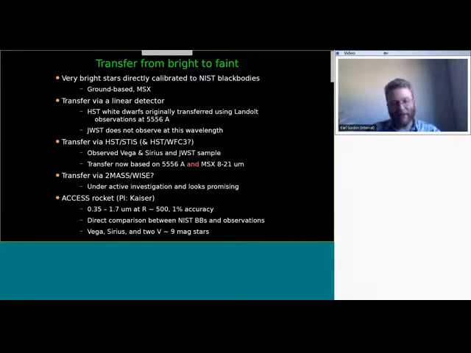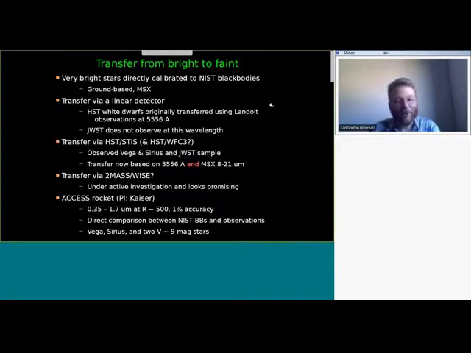The under integration looks promising. Another one that's quite promising is this ACCESS rocket. Beth Kaiser is PI on it, and this is to take 0.5 to 1.7 micron, resolution 500, 1% accuracy spectra of 4 stars. Vega and Sirius are always brought up, but also a couple of 9th magnitude stars, potential ones that are even in the JWST calibrator sample.